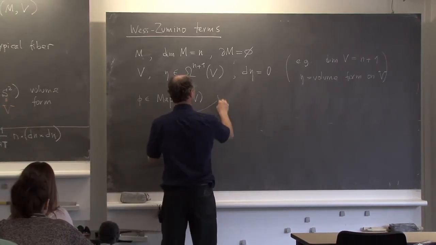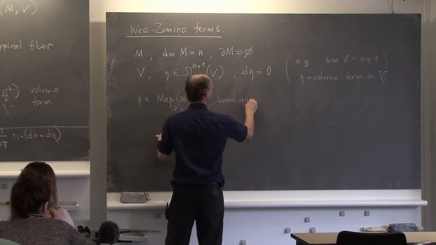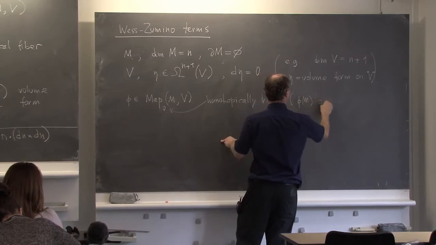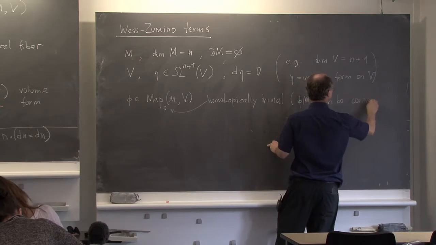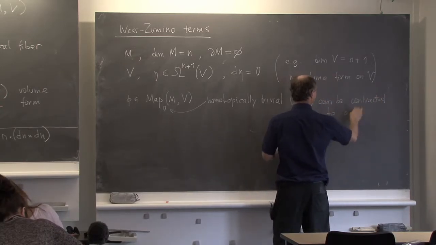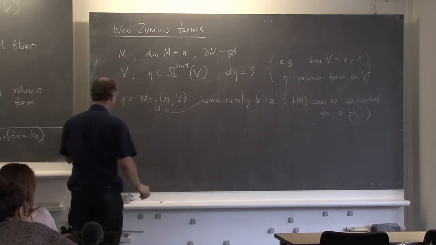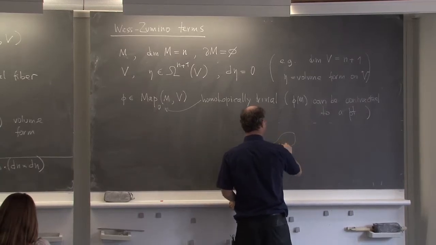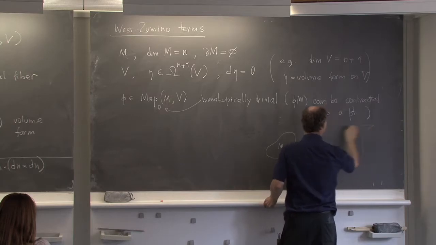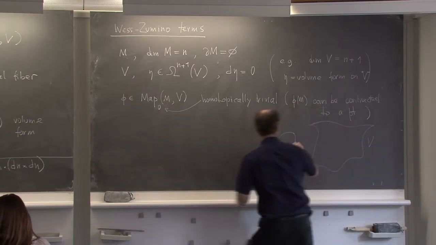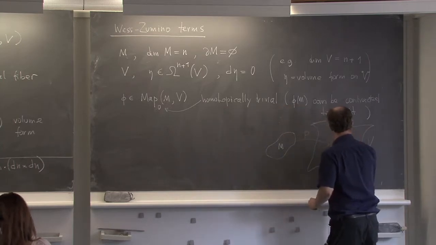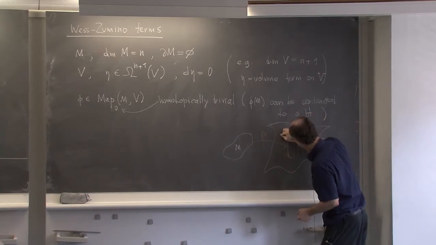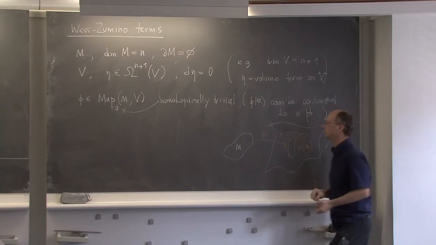So we have, so this is our M. So this is our V. Phi maps M, so that's the image phi of M, and this phi of M can be contracted to a point.